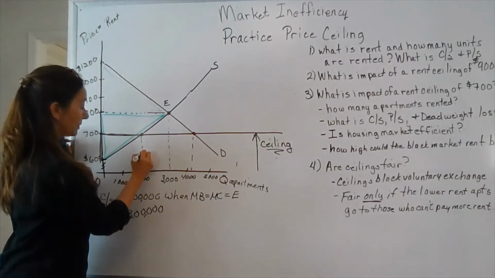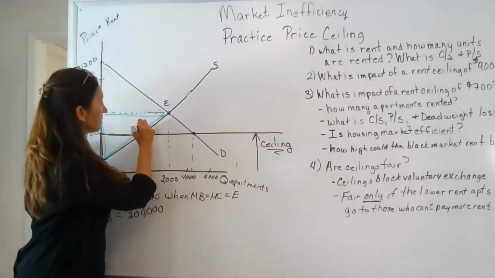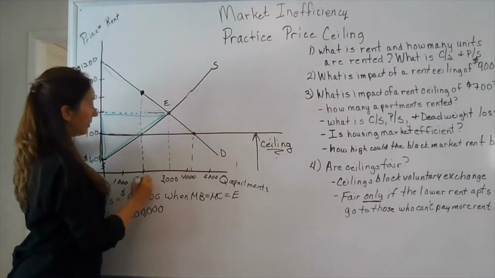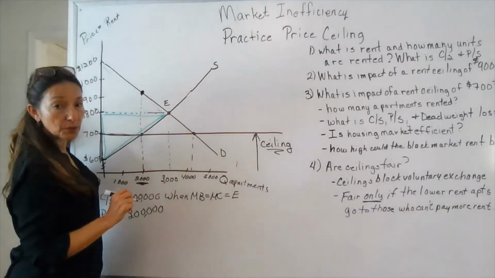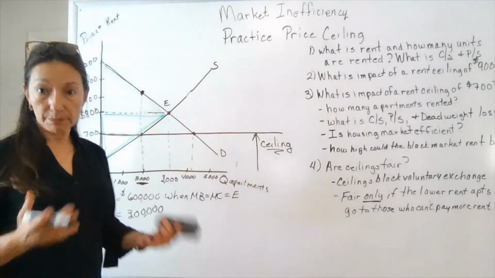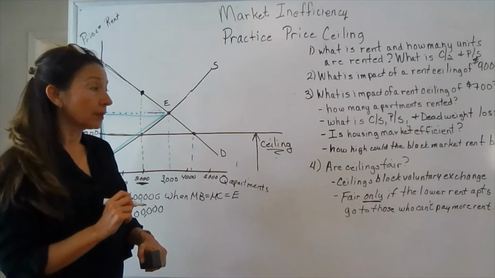At $700, only 2,000 apartments are available to rent. So those apartments are going to go to people who are willing and able to pay more for those apartments, possibly. Okay, so 2,000 apartments are rented.